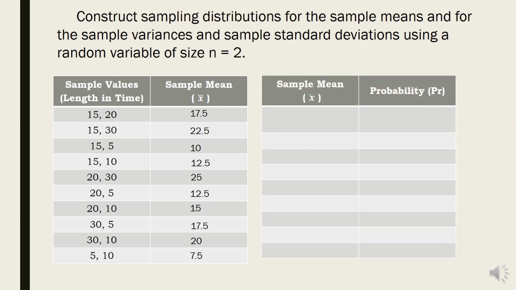Now, let us create the probability distribution of our sample mean. Let us start with the first sample mean, which is 17.5. You have observed that in the given sample means, there are two 17.5s, from the first set and the 8th set.